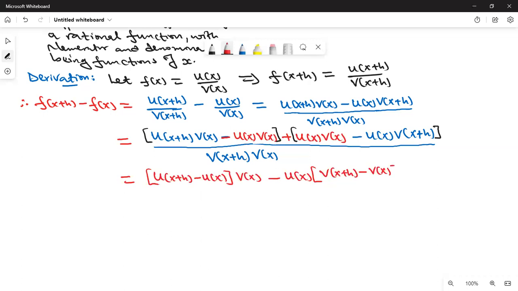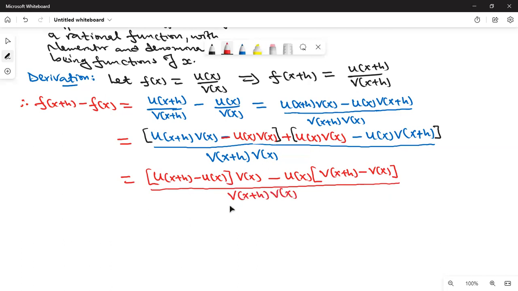I have factored out the negative u of x. Take note of that. So the whole of this is divided by v of x plus h times v of x.